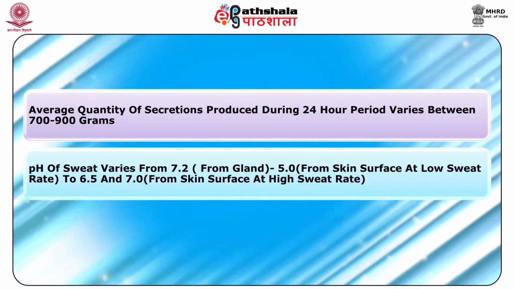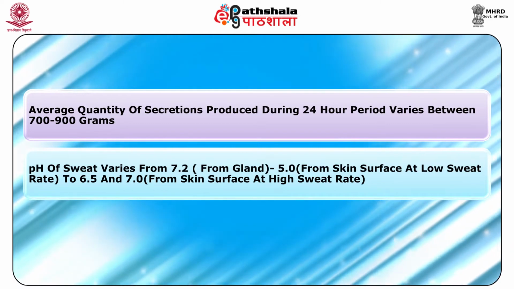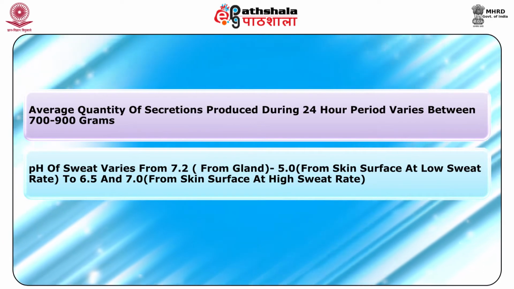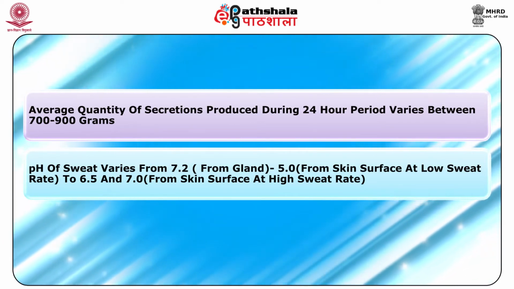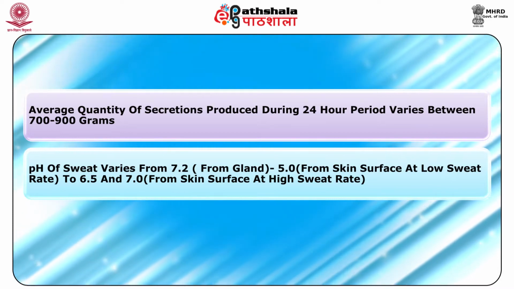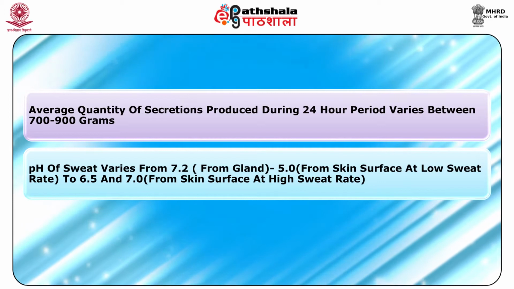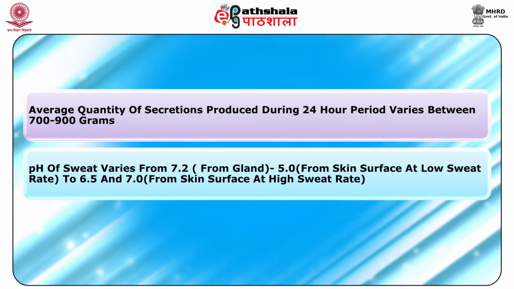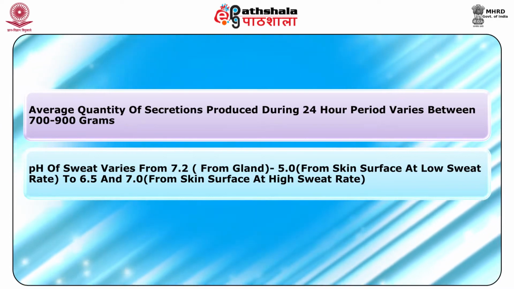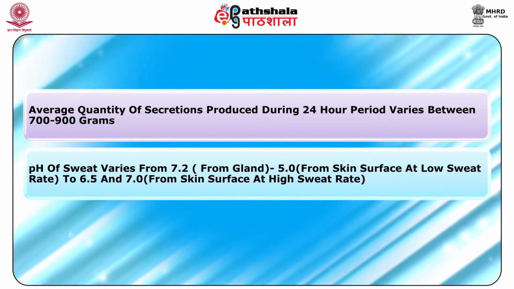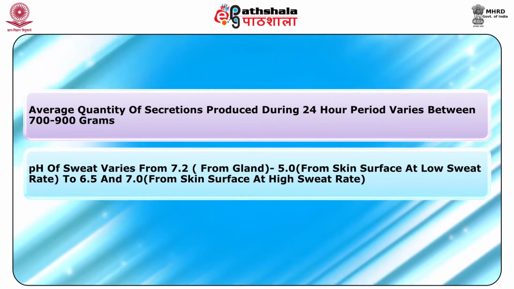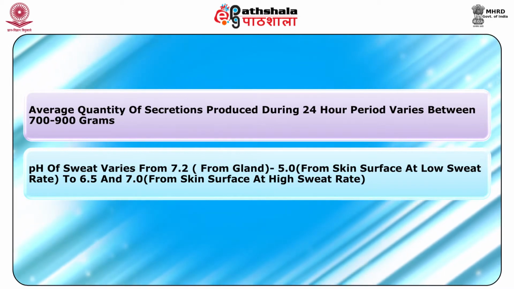The average quantity of secretions produced during a typical 24-hour period varies between 700 and 900 grams. The pH of sweat has been reported to vary from 7.2, when extracted directly from the gland, to 5.0, when recovered from the skin surface at a low sweat rate, to between 6.5 and 7.0, when recovered from the skin surface at a high sweat rate.